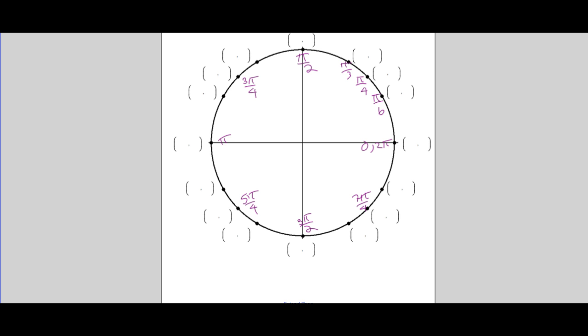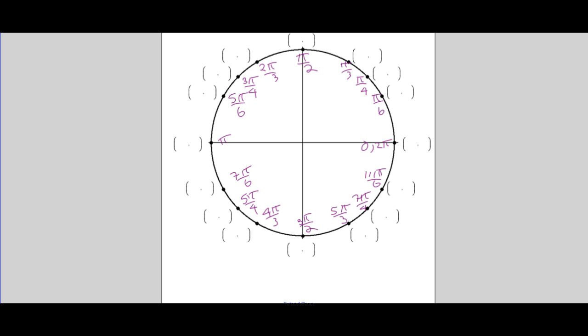So 4 pi over 6, but 4 over 6 is 2 pi over 3. 5 pi over 6, which is not reducible. 6 pi over 6, so what's here? 7 pi over 6 down here. 8 over 6, but that's 4 over 3, so that's 4 pi over 3. 9 pi over 6. 10 pi over 6, what's 10 pi over 6? 5 pi over 3. 11 pi over 6, which you can't reduce. And then 12 pi over 6.